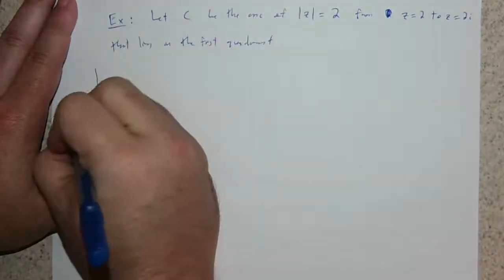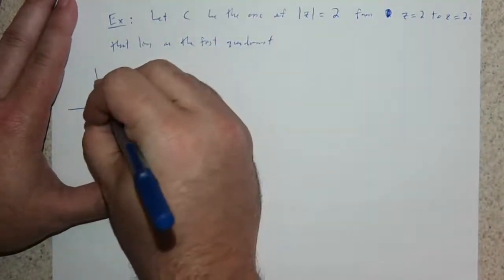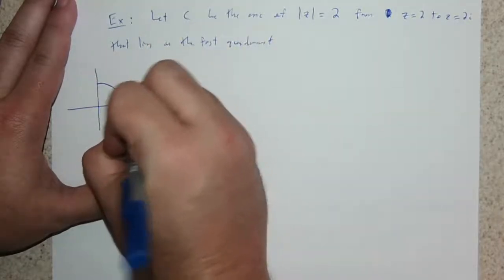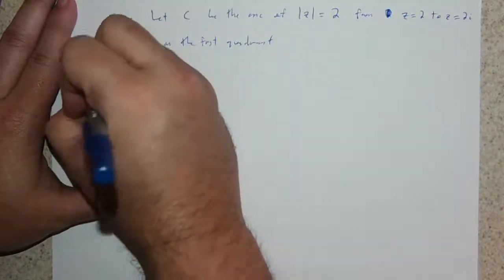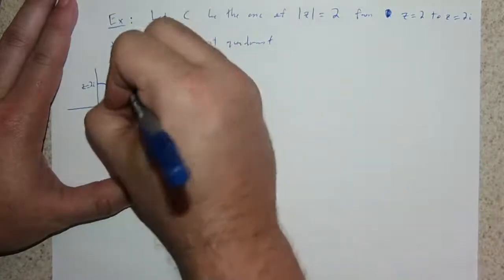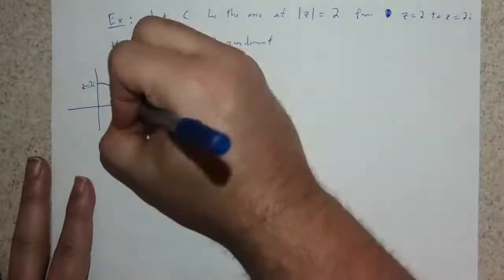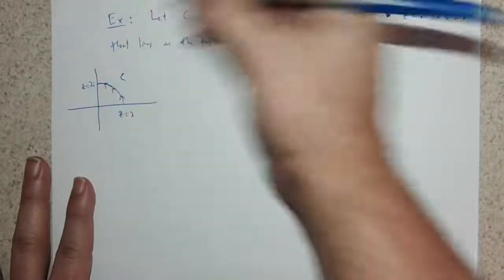So just quickly, here's z equals 2, and here's z equals 2i. And here's my C. This is my orientation on it.